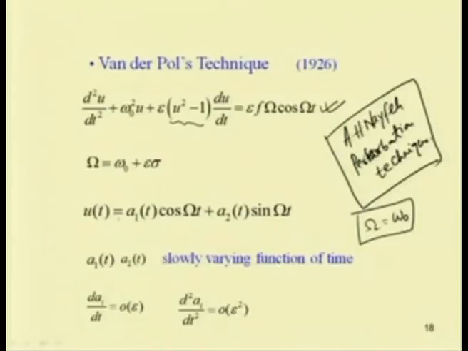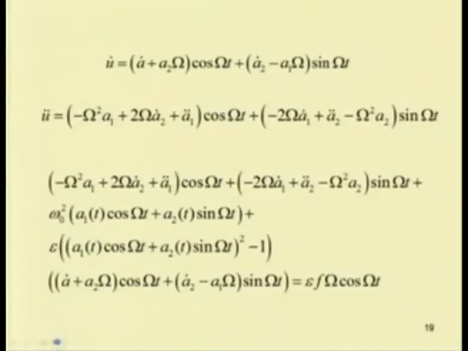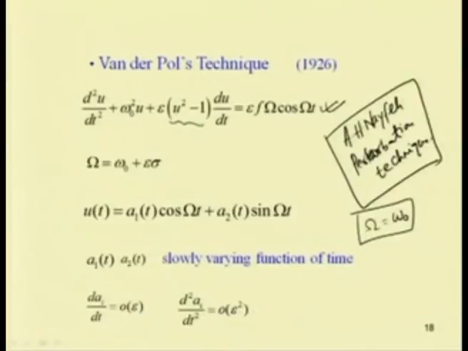So, by taking a1(t) and a2(t) as slowly varying functions of time, using u(t) equal to a1(t) cos omega t plus a2(t) sin omega t, and substituting it in the original equation, one can write the equation in the following form. Differentiating u, the derivative of a1 is a1 dot, so we get a1 dot cos omega t minus a1 omega sin omega t.